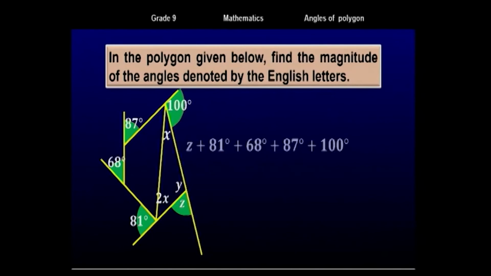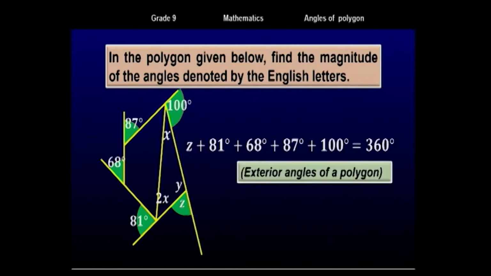So, you can find the value of z, because when we think about the sum of the exterior angles of this polygon, it is equal to 360 degrees. Then z plus 81 plus 68 plus 87 plus 100 is equal to 360 degrees.